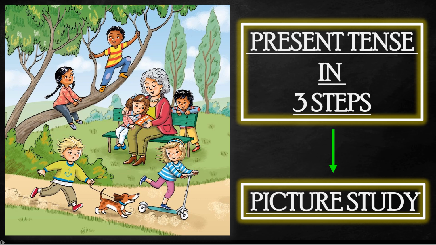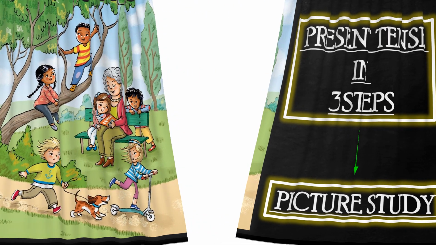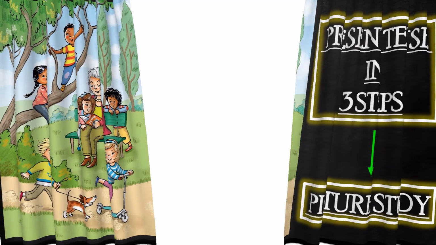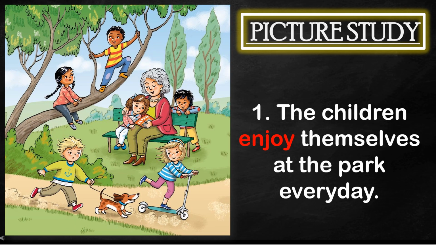You will be a pro at present tense in just 3 simple steps with this picture study. Let's begin. Well, if I had to describe this picture, I would say the children enjoy themselves at the park every day.